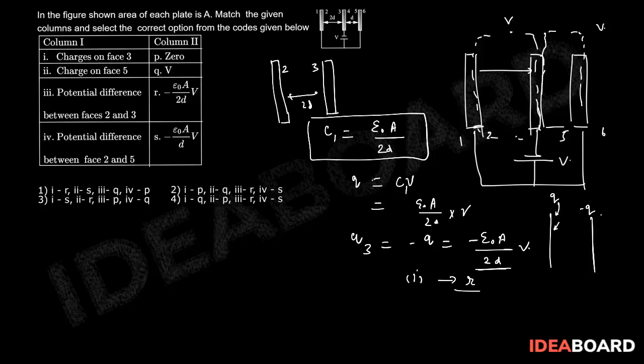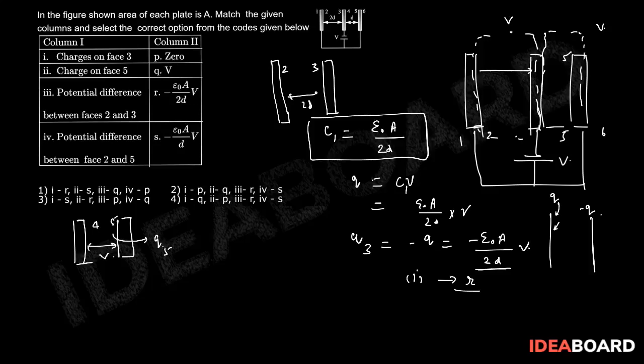Now coming to the charge on the phase 5. So charge on the phase 5 means this is our phase 5. So again if you see the system of the plates, this is the fourth phase and this is the fifth phase. So they are asking charge on this, the value of Q5.